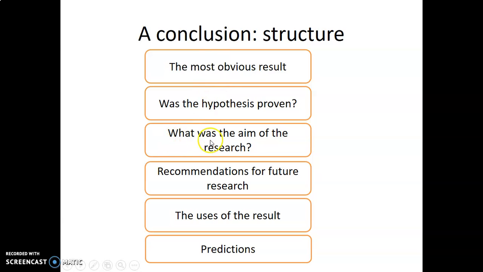And then you talk about the aim of the research again. Yeah, you restate the aim, if you can do that in different words, right?